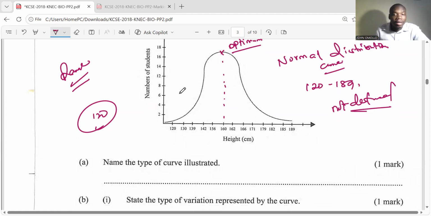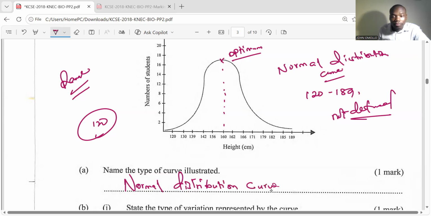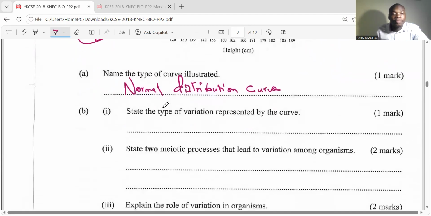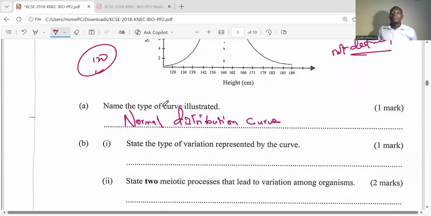So let's go. Name the type of curve illustrated. I have said it is the normal distribution curve. State the type of variation represented by the curve. So when you hear about variation, which topic is that?